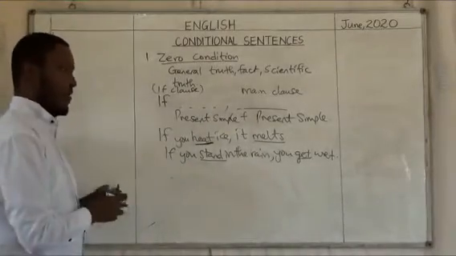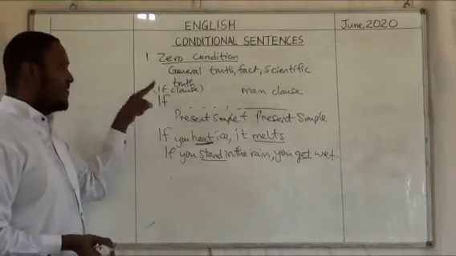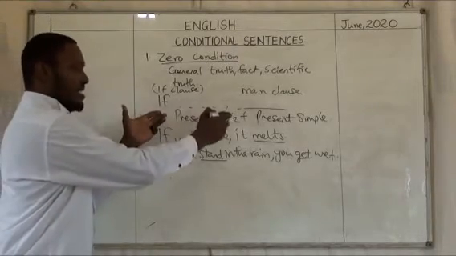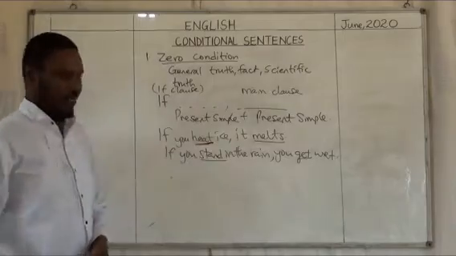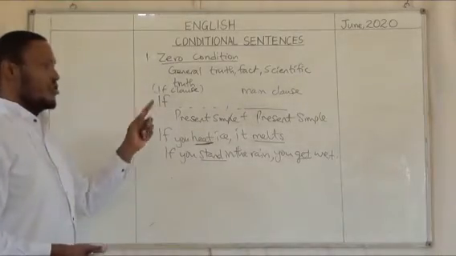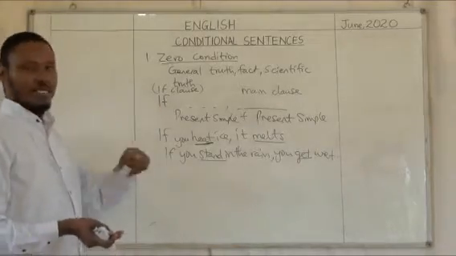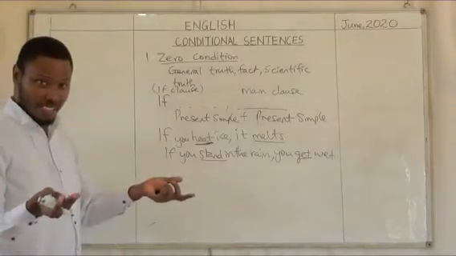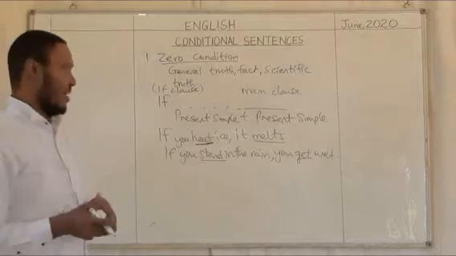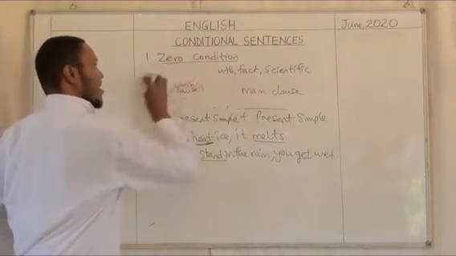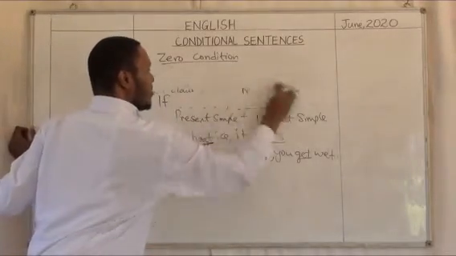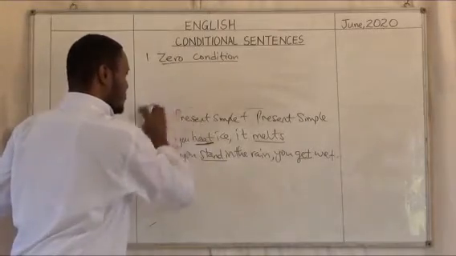So the zero condition has if plus the present simple tense plus the present simple tense. In your own free time, can you make as many sentences in the zero condition to practice? Because practice makes perfect.